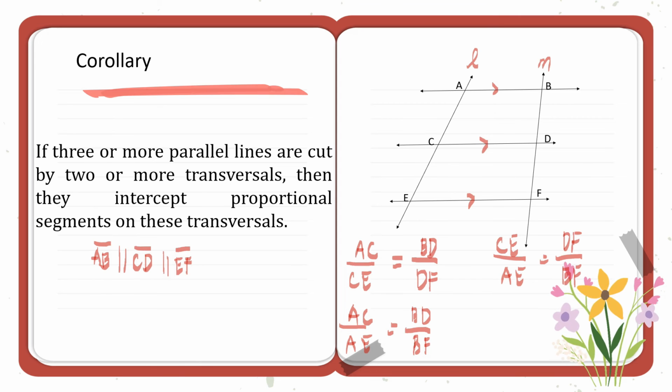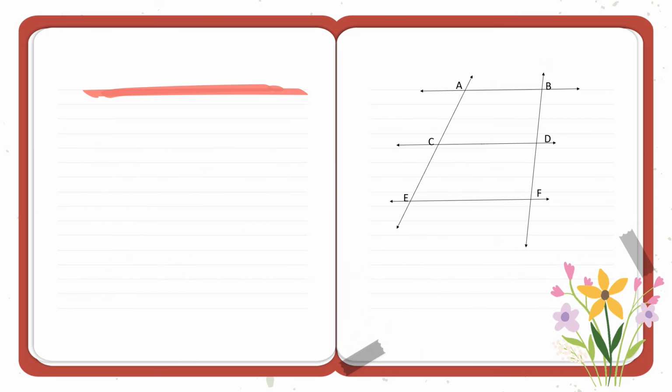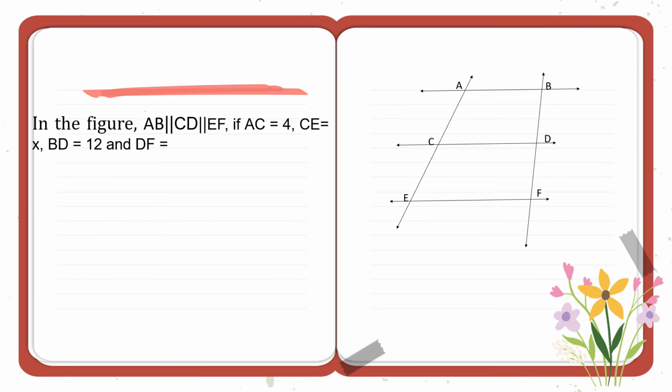Now let's use these properties to solve for the following figure. In the figure, segment AB is parallel to segment CD and parallel to segment EF. If AC is equal to 4, CE is X, BD is 12, and DF is 10, find X. So what proportion shall we use to solve for X?